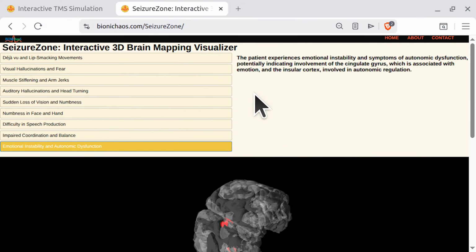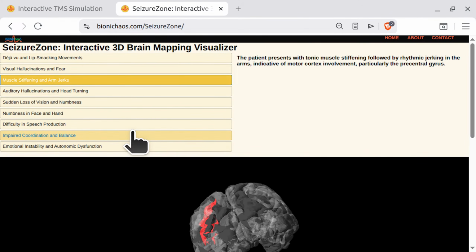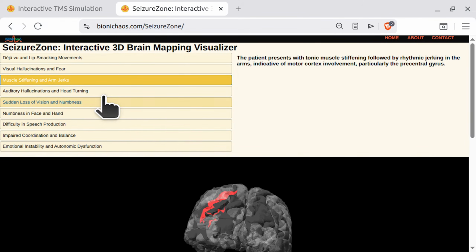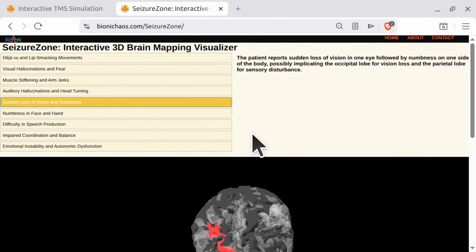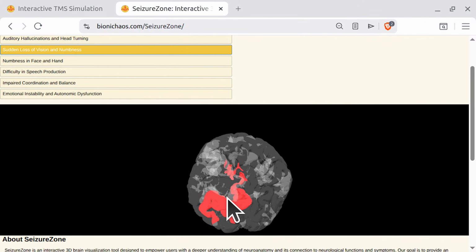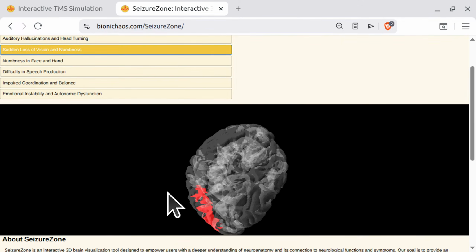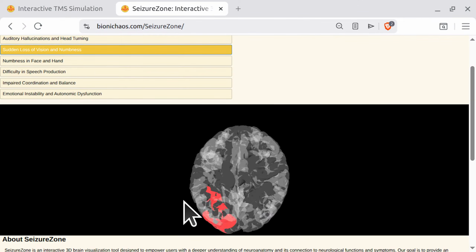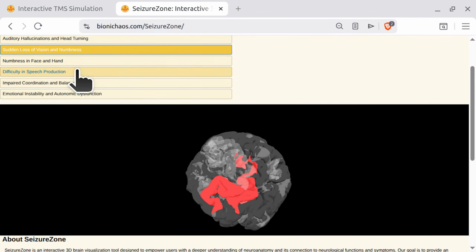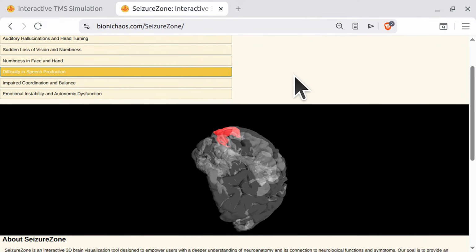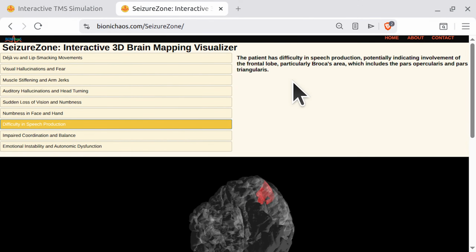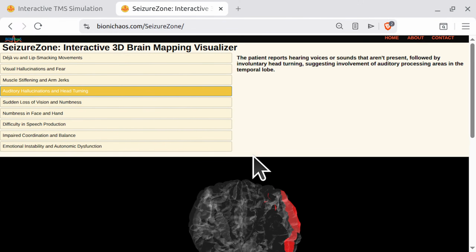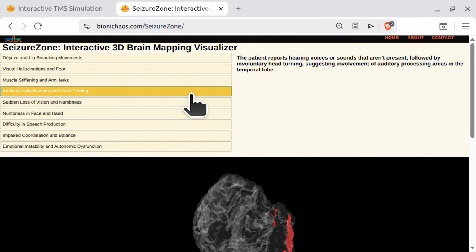Then we have the seizure zone. Yeah, this one is actually quite advanced. It looks pretty simple, but yes, there's a model of the brain. The model is hyper realistic. This model has hundreds of different brain areas. And in this case, it will show you, in a seizure situation, depending on the symptoms, which part of the brain will be affected.